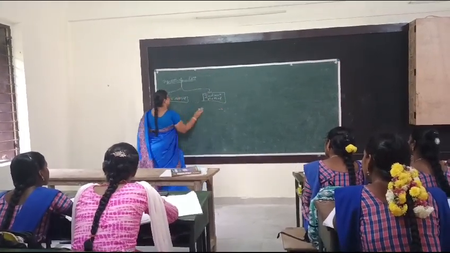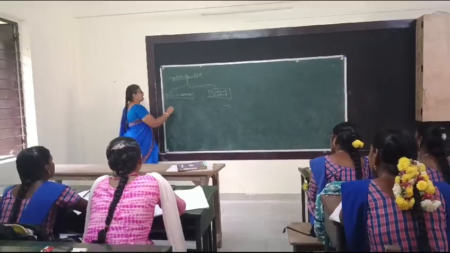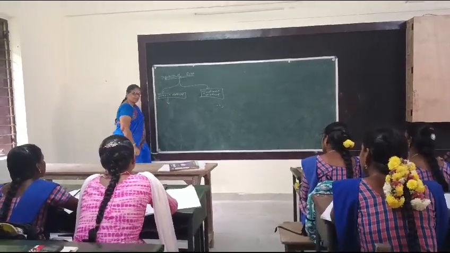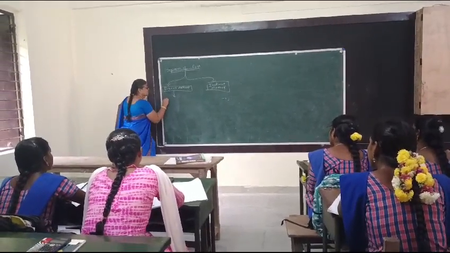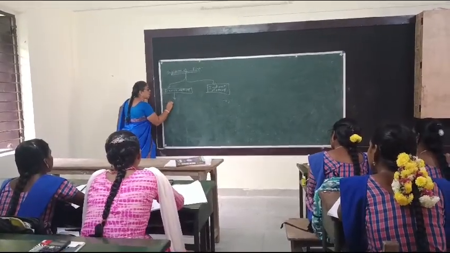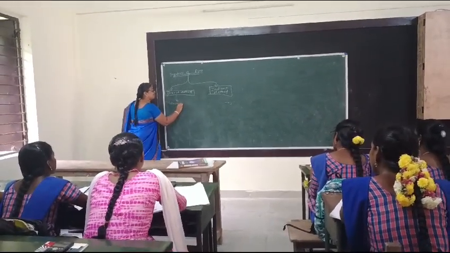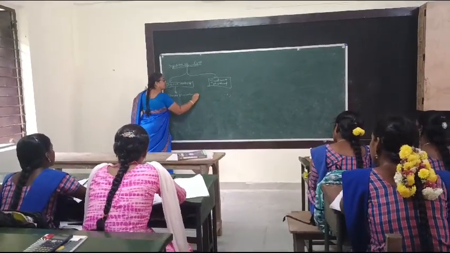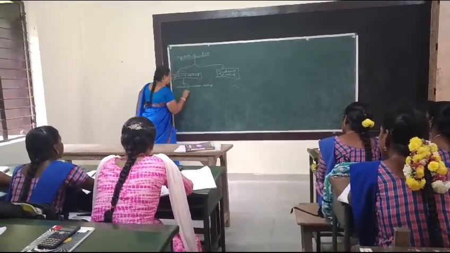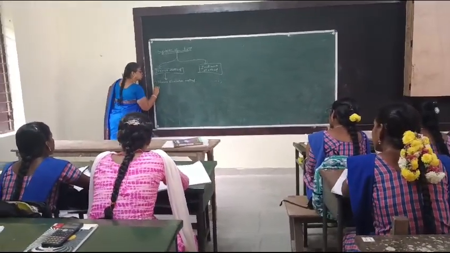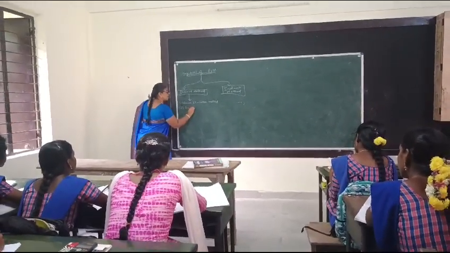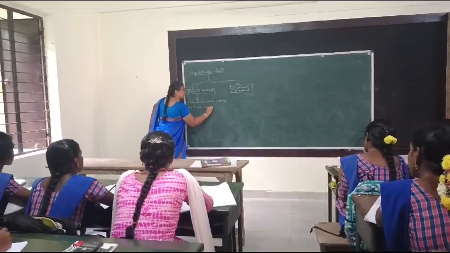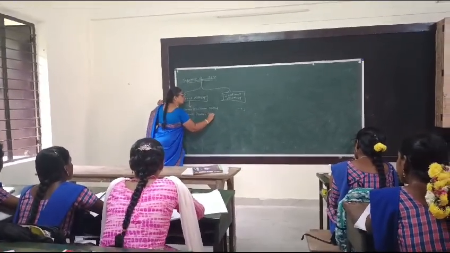In the direct method, we have 2 subdivisions. The first method is called Gauss elimination method. And the second method is called Gauss Jordan method.